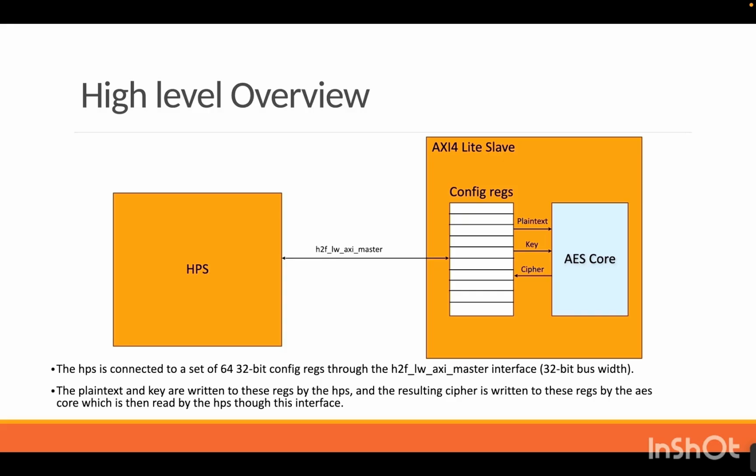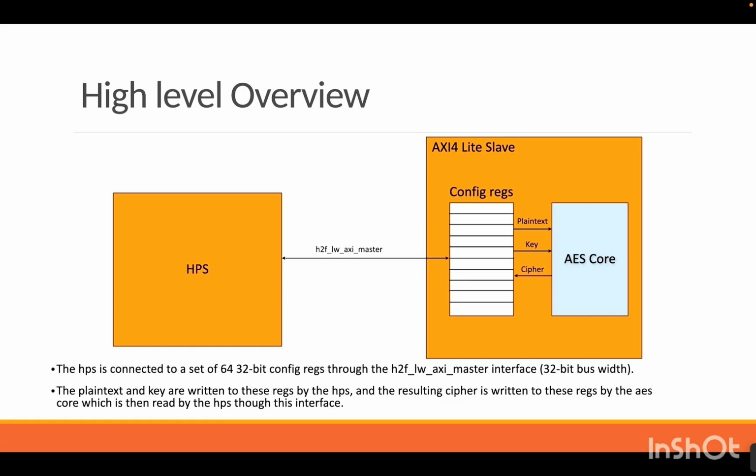On the right side, inside the FPGA fabric, we have implemented a set of 64 memory mapped configuration registers. These are 32-bit width and serve as the interface between the HPS and the AES core. The HPS writes the plaintext and encryption key into these registers.